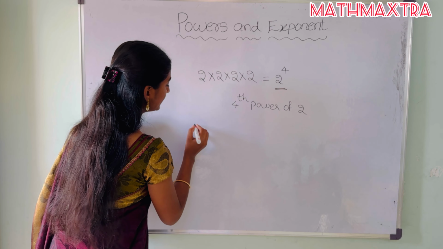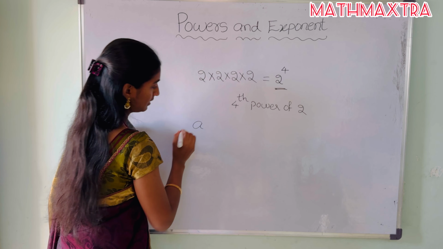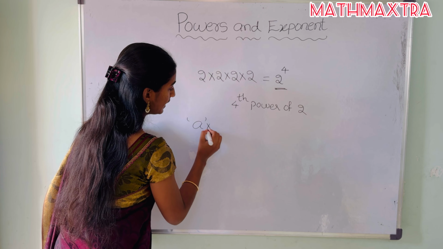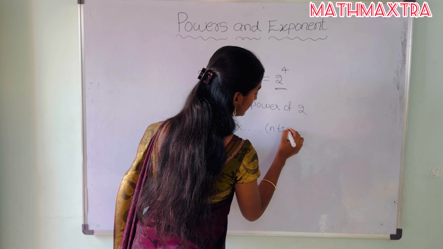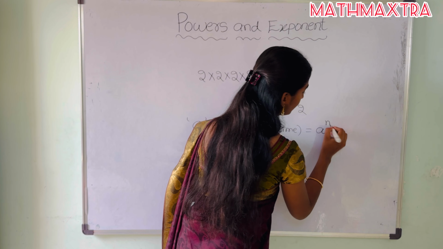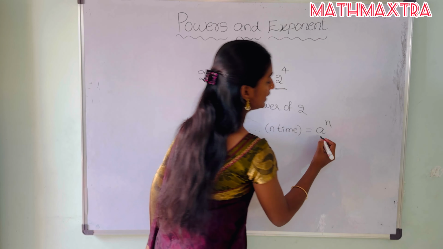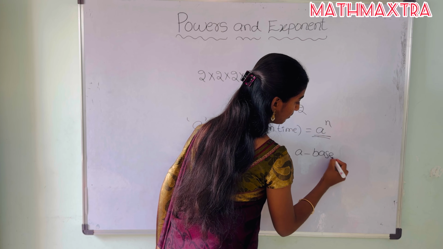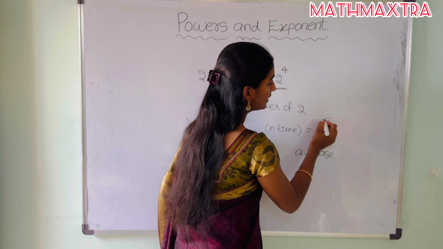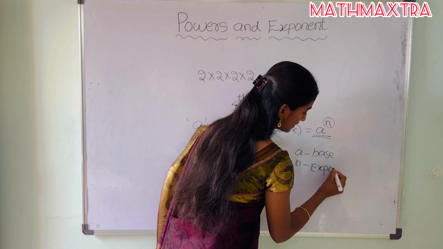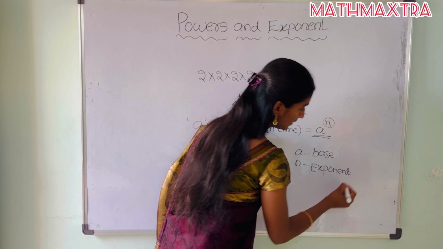See, if you take a number a and multiply this a with itself n times, we write it as a to the power of n. In this, a is called the base and n is called the exponent.